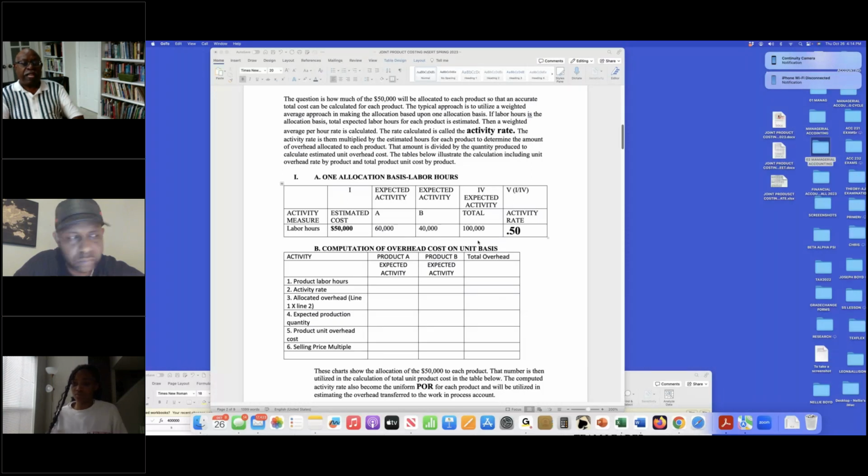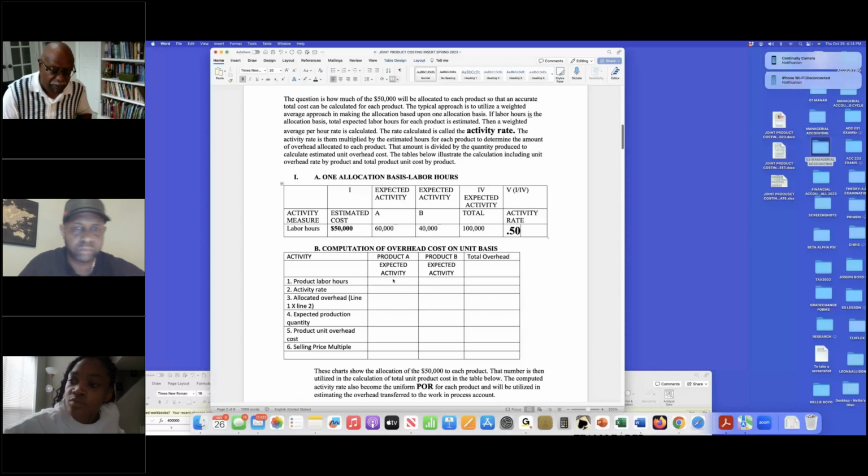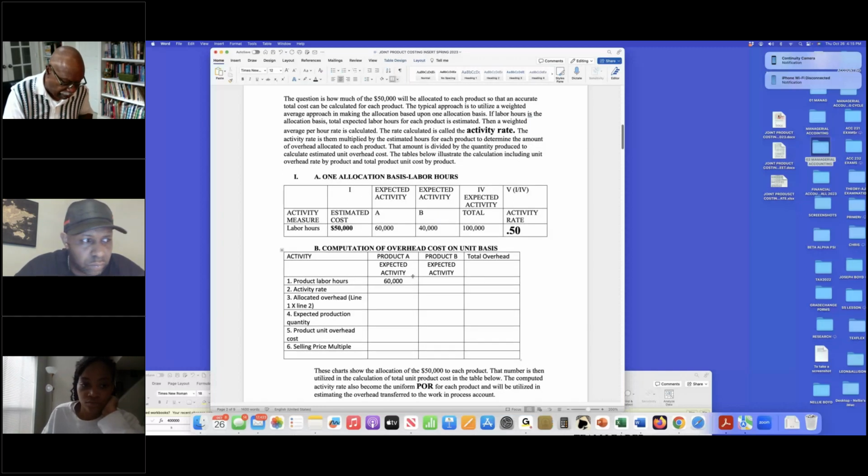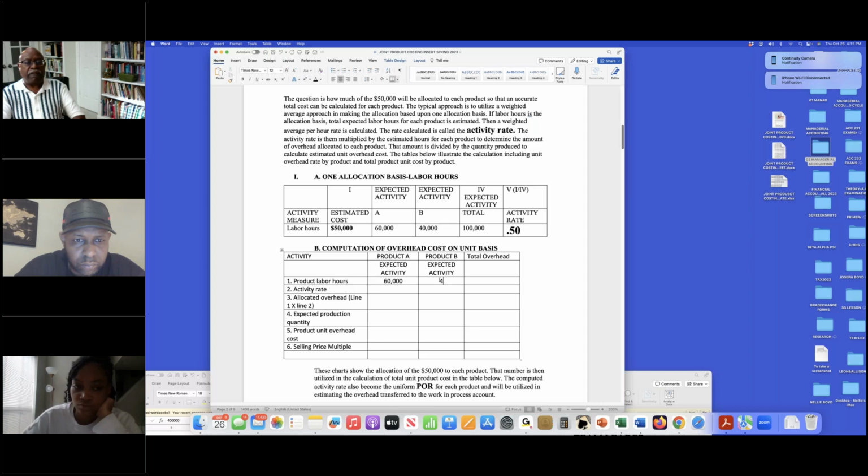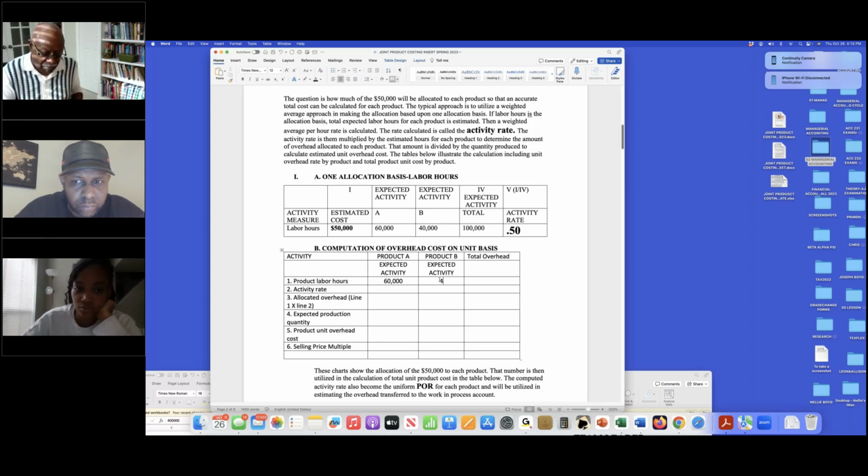So our first step is to calculate the activity rate. Then we're going to put these hours in, the 60,000 for A and the 40,000 for B. Then we're going to put in that calculated activity rate, 50 cents.